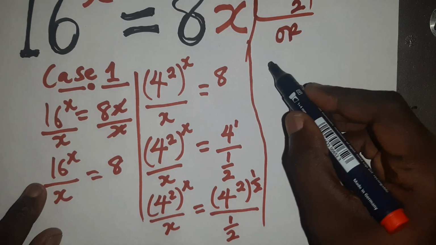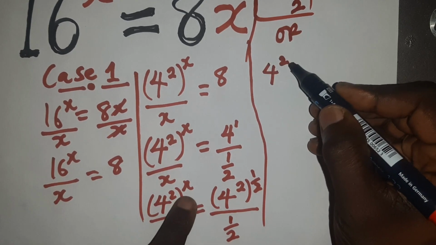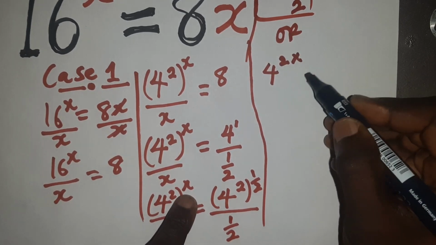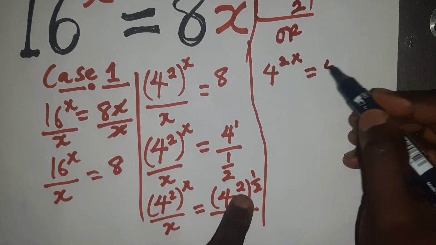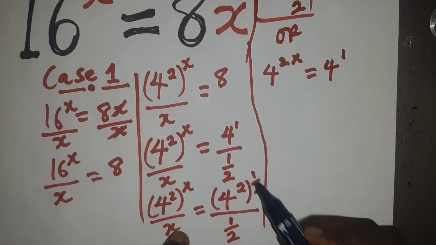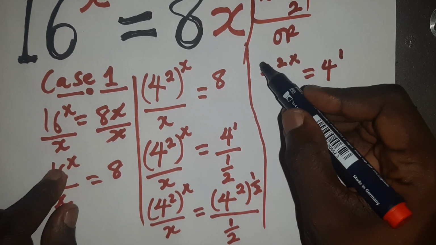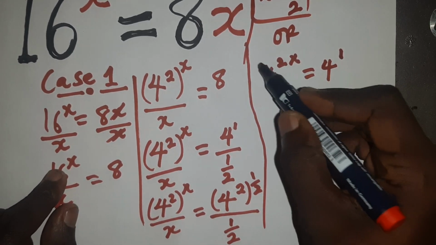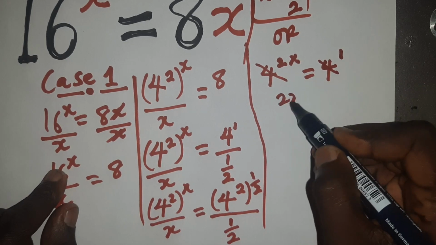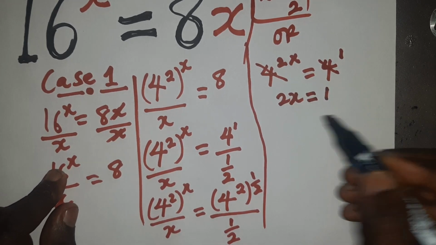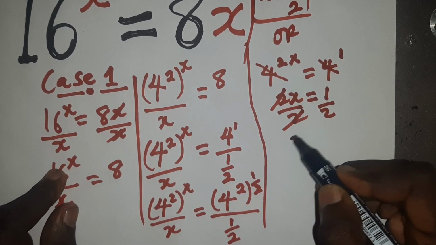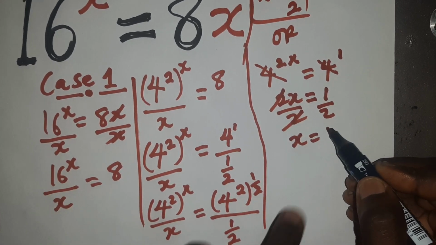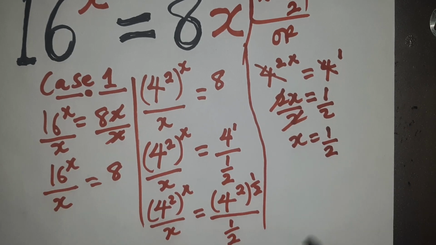So we can just say 4 raised to power 2x equals, because you have 2 times x to be 2x, equals 4 raised to power 1, because you have 2 times 1 over 2 to give you 1. And then, of course, since the bases are the same, we can cancel out and we have 2x equals 1. Then divide both sides by 2. We have x equals 1 over 2 again.